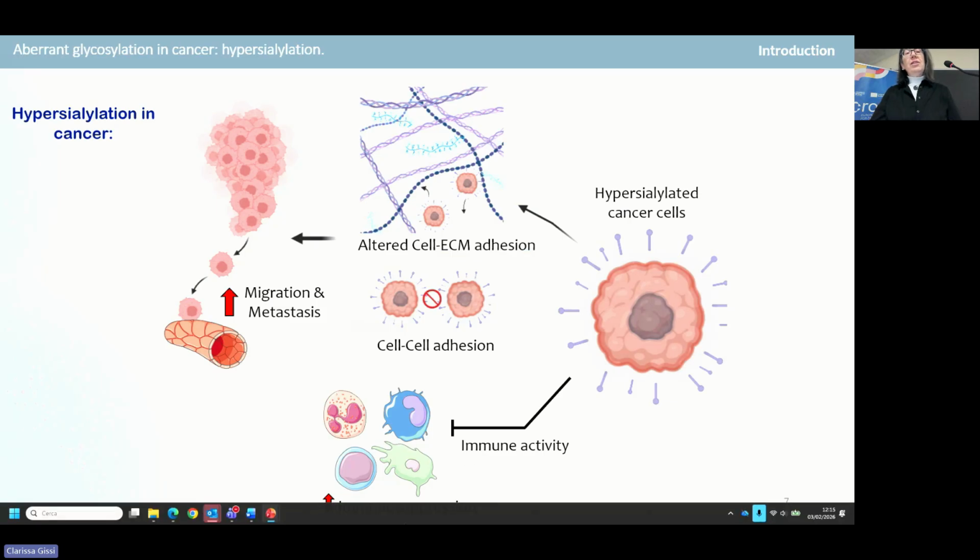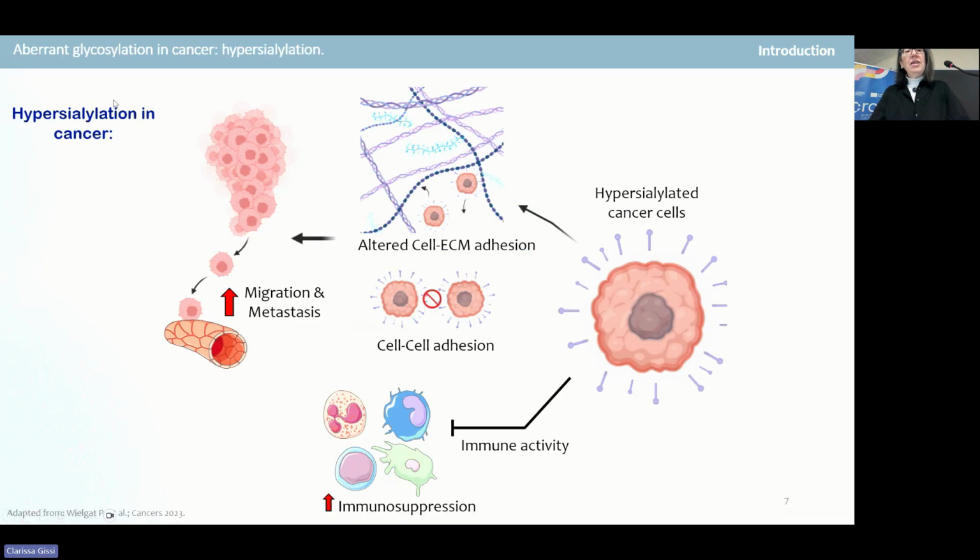One of the changes is an increase in sialic acid, that is hypersialylation. So cancer cells are usually hypersialylated, and this influences the interaction with the extracellular matrix and its components, reducing cell-cell adhesion and generating a migratory and metastatic phenotype.